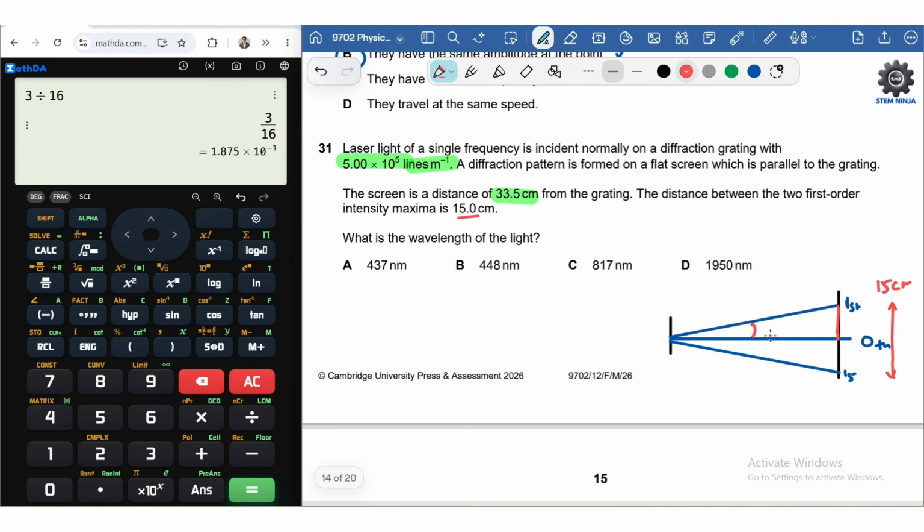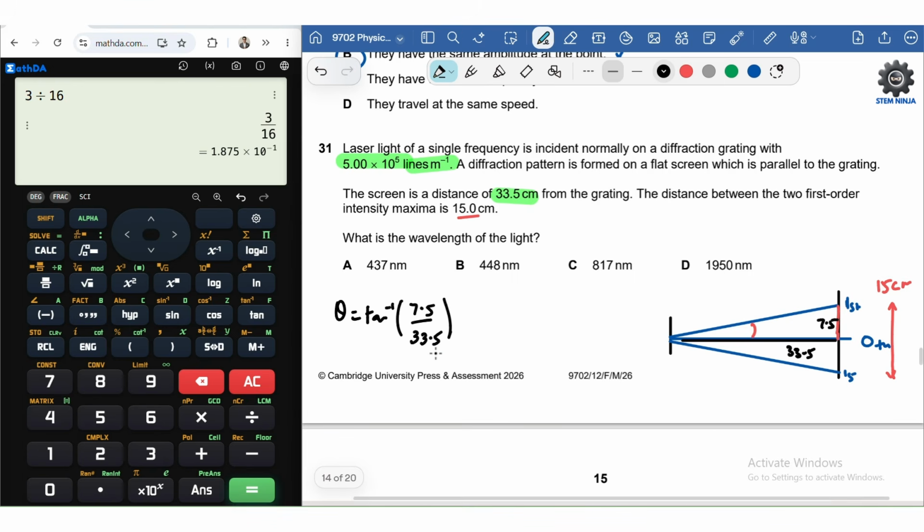So this angle we can find by using trigonometry, because they have given us this distance also. This distance is 33.5. This is 7.5 because half of 15 is 7.5. So we can find out the sine theta. First we get the tan theta. So the angle is equal to tan inverse of 7.5 over 33.5.